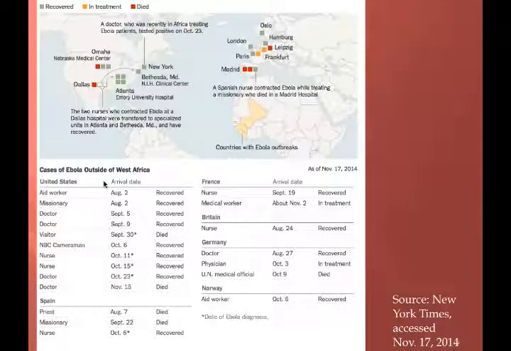In terms of the cases outside of West Africa, the United States has had a large number of them. So note, of all of the patients who have been treated in the U.S., there are 2 patients who have died. This was the case who presented in Texas, initially was sent home from the emergency department.